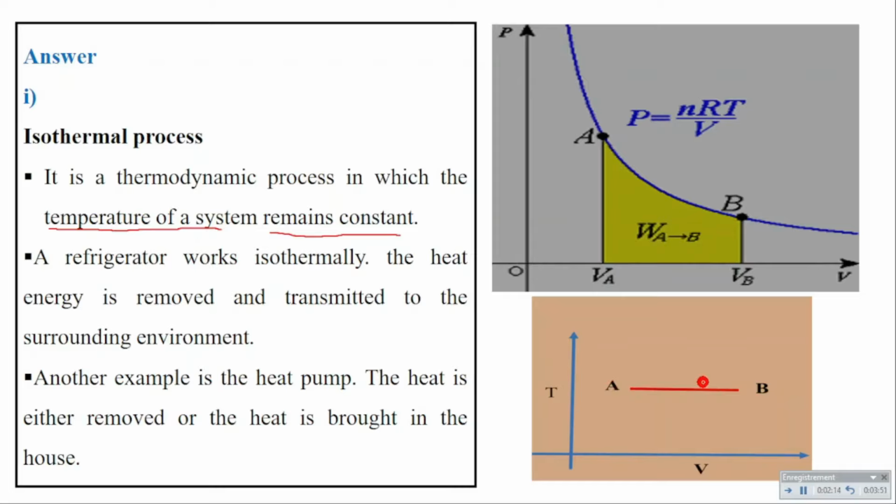But from A to B, the volume is increasing, and from B to A, we are decreasing the volume. The isothermal process is a process in which the temperature remains constant while the volume and the pressure are changing.